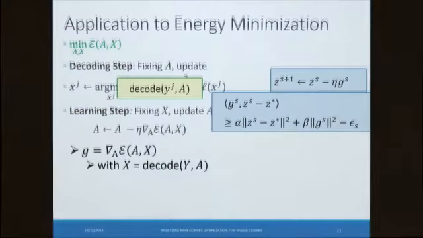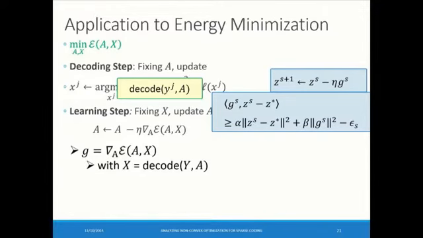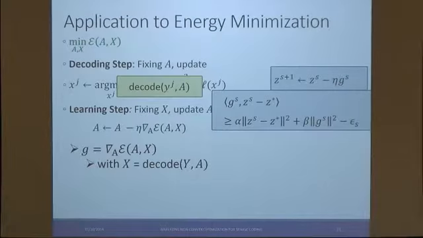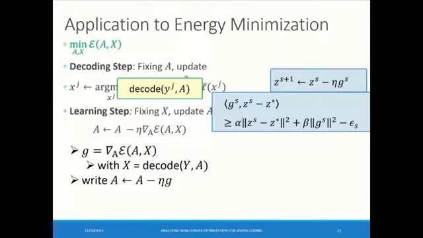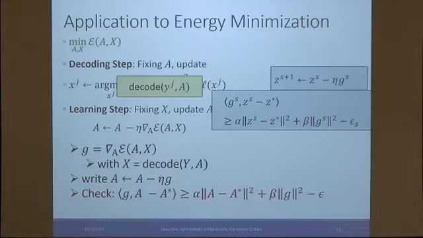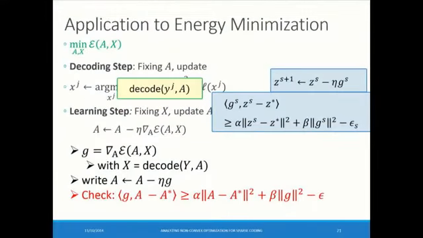I just define G to be this gradient, with X to be the decoder of Y and A, and I write A is updated to A minus eta G. Basically we want to check that G satisfies this. Is it true? Yeah, it is true. Nice.